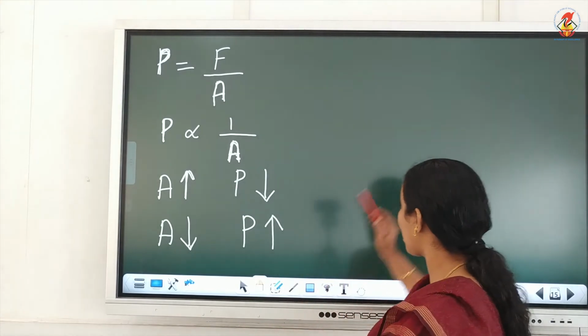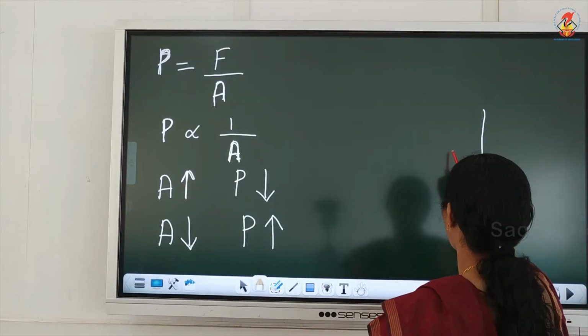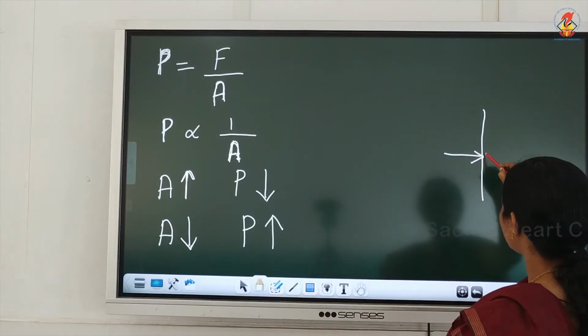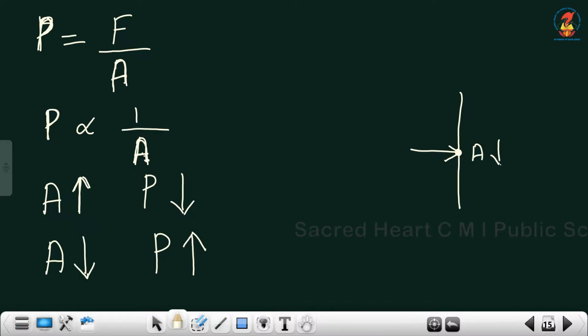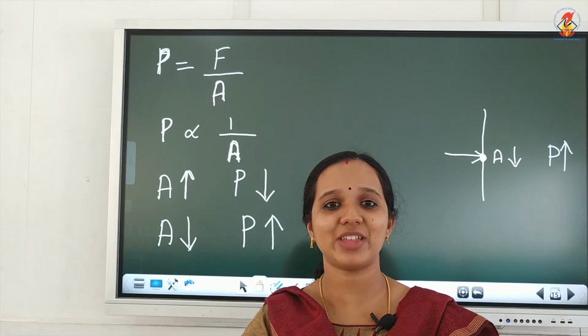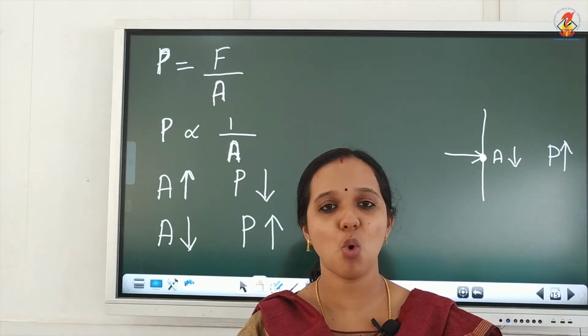So, if this is a wall and if this is a nail, since they have a pointed tip, area of contact is less. When area of contact is less, pressure will be maximized. So it experiences maximum pressure, which helps us to drive them easily into the wall.